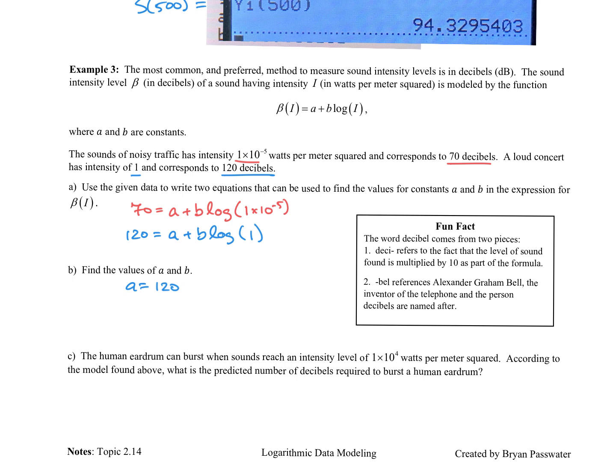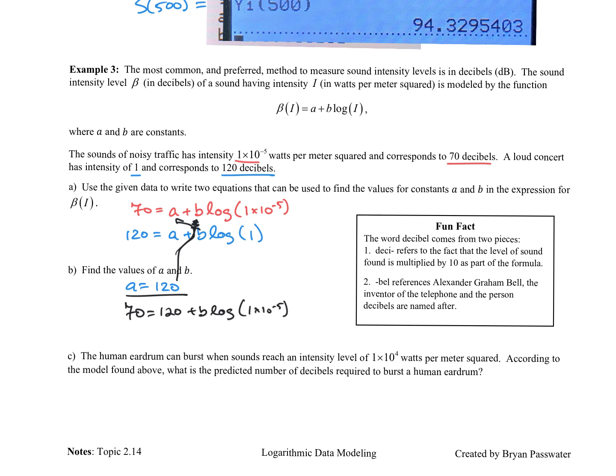Now let's do it again. So now I'm basically going to take this 120 and substitute it in right there. And so now I'd have 70 is equal to A, which is 120. Oops, that error should go there. All right, and then plus B log of 1 times 10 to the negative fifth. Now, 1 times 10 to the negative fifth is 10 to the negative fifth, right?